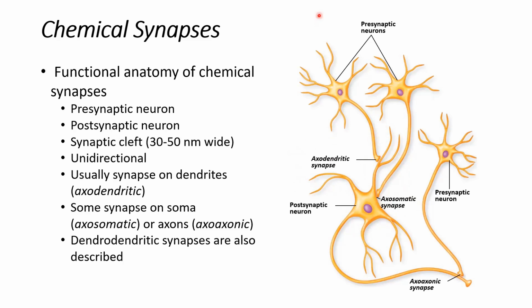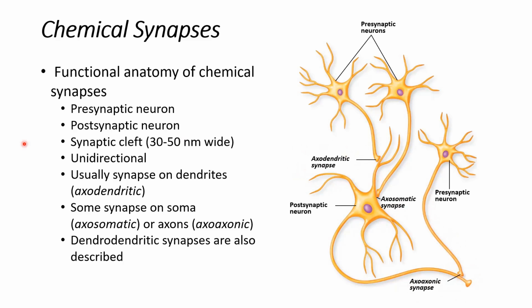And then we've got the axoaxonic, where we go from one axon terminal to the other axon terminal, right? So those are some of the other types of examples that we see: axosomatic, axoaxonic, but axodendritic is the most common that we will explore.